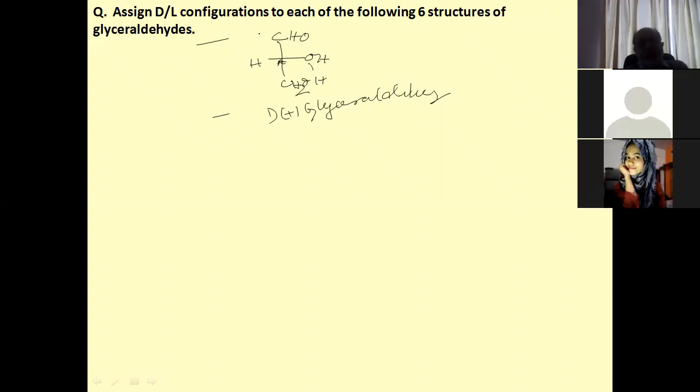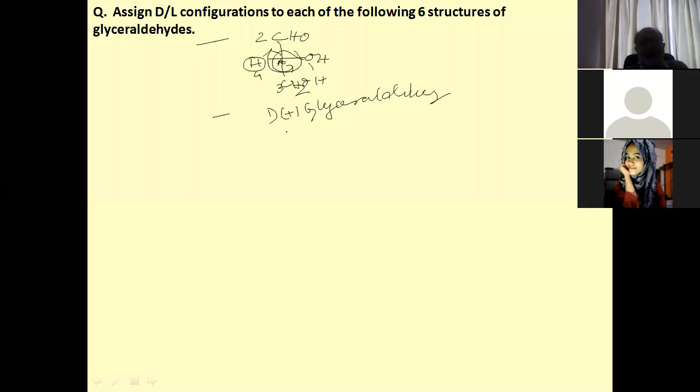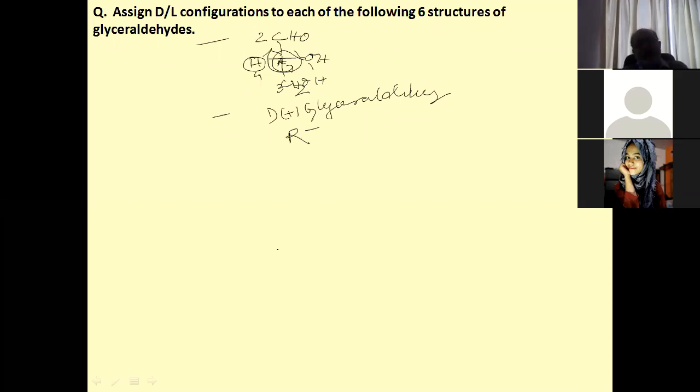This is 1, this will be 2, this is 3, this is 4. So what is the rotation? 1, 2, 3 rotation is coming anti-clockwise. But because the lowest priority is in the horizontal position, the actual molecule should be clockwise rotation. That means this is R. So it is R glyceraldehyde, R plus glyceraldehyde. Remember that.